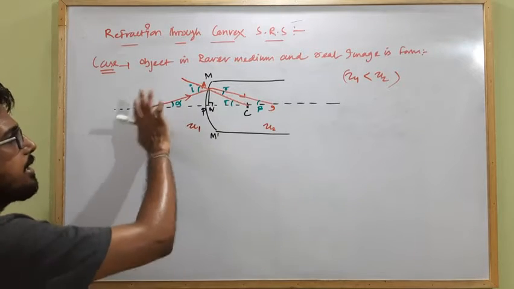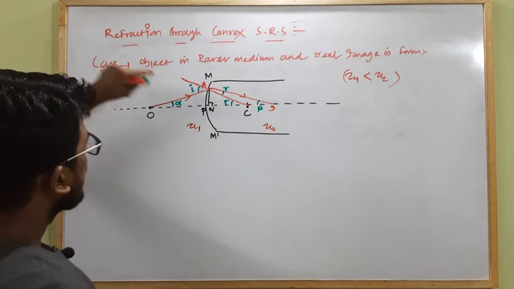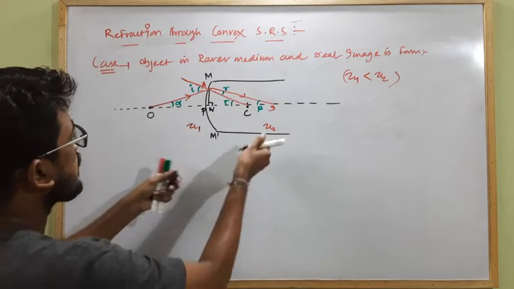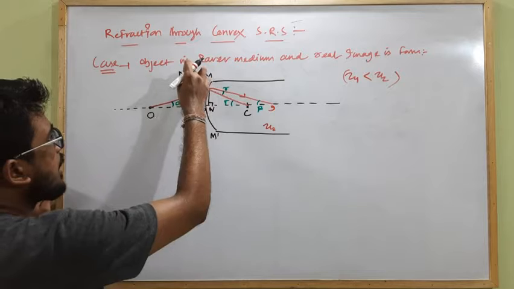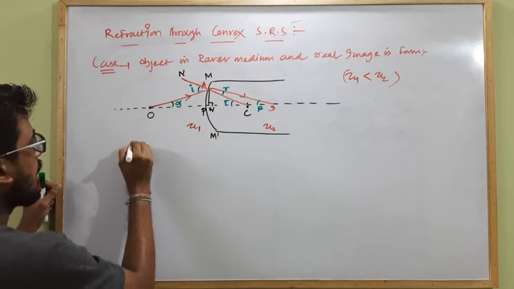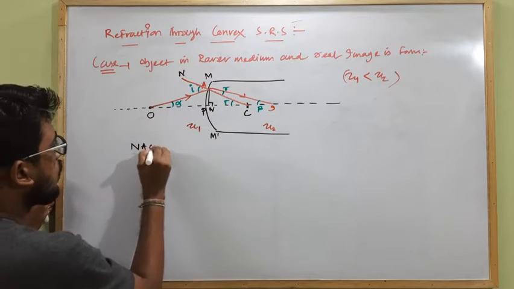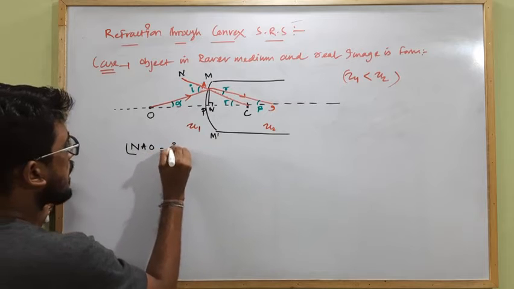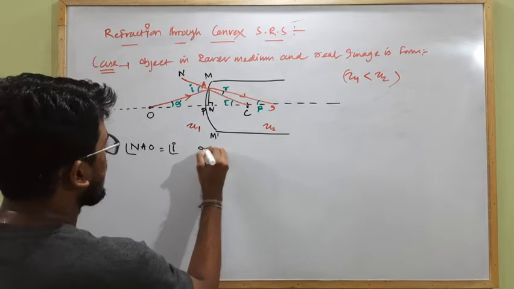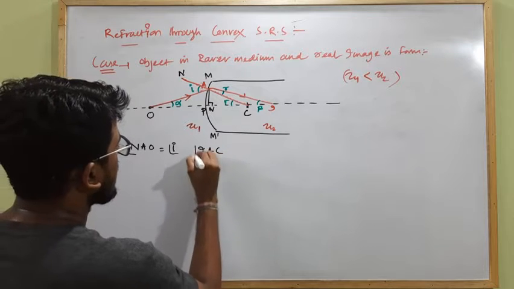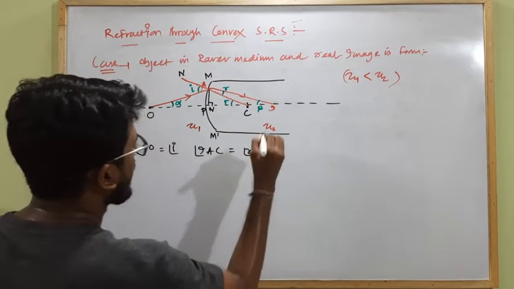Now in this figure, let NC be the normal. The angle NAO will be how much? The incidence angle i. The angle IAC will be equal to how much? The refracted angle r.